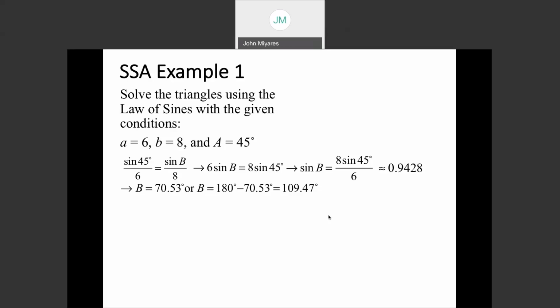I don't want to get into it too much now, but the short answer as to why the calculator won't give you both the acute solution, 70.53 degrees, and the obtuse solution, 109.47 degrees, is the same reason why the calculator, when asked to find the square root of 4, gives you only the number 2 and not the number -2. Remember, in a function, for each x, there can only be one y.